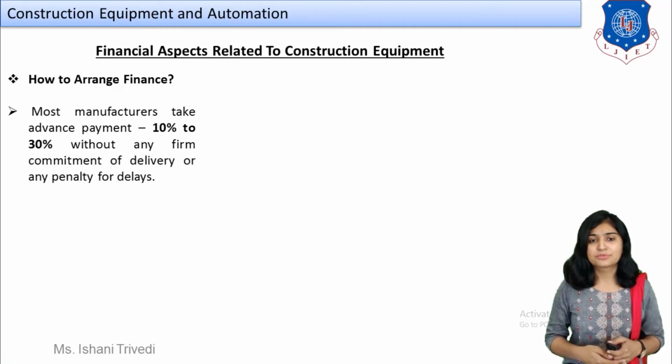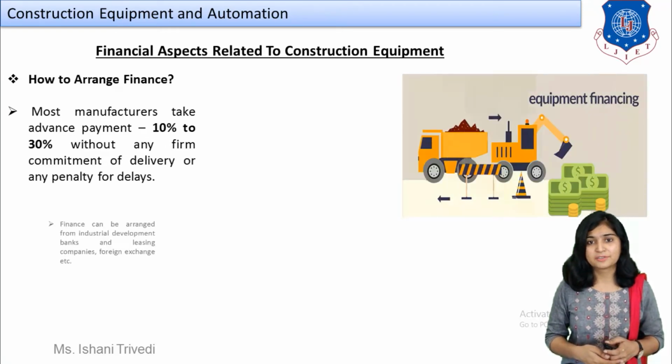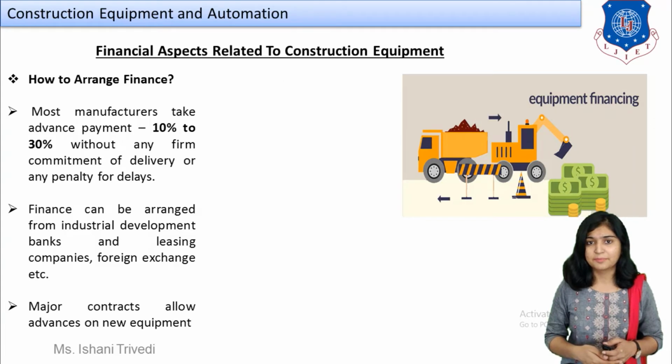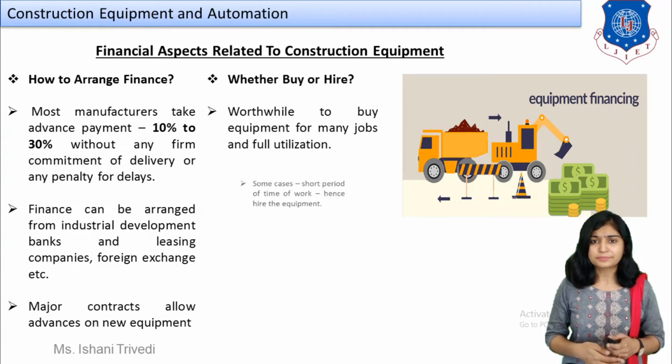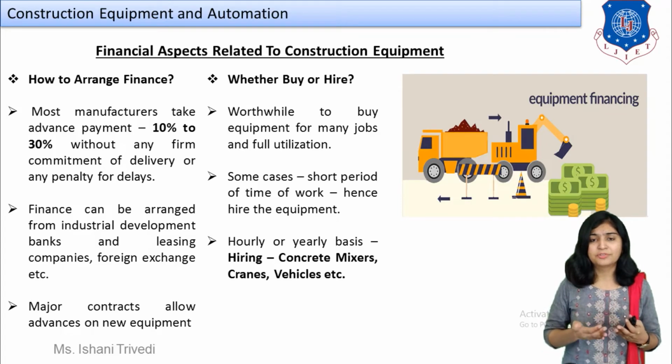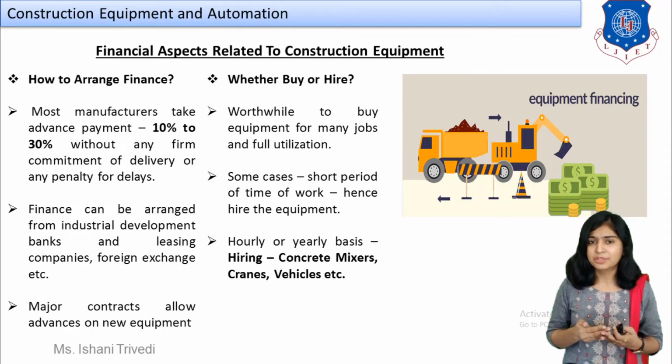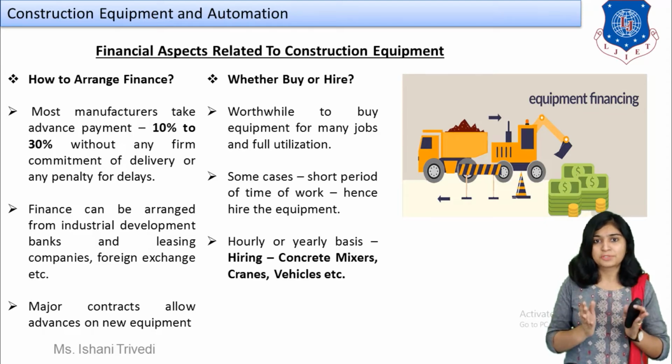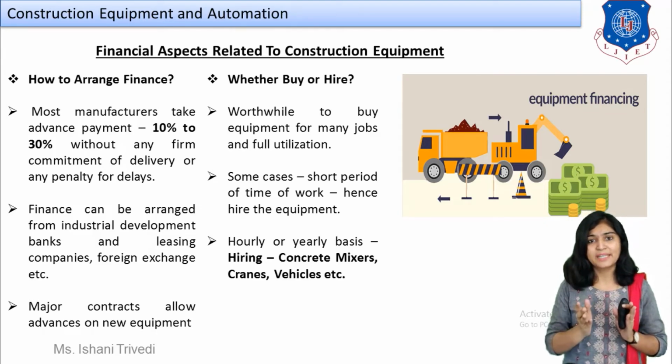Next, students, we are going to talk about the financial aspects related to construction equipment. Now, if I ask you that I want to build a G+10 building, and you have the list of different equipment required for performing the work, I will give you two options: you can buy the equipment or you can hire the equipment.